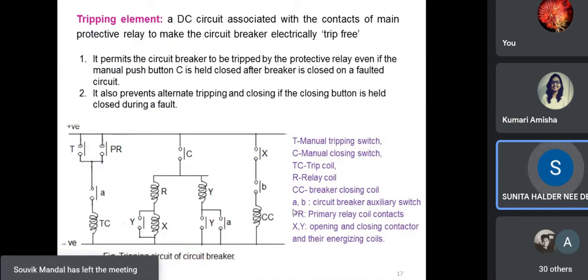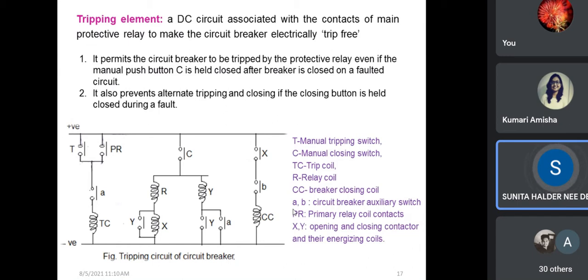Now in a relay, always there is a tripping element. So what is the tripping element? Tripping element is actually a DC circuit associated with the main protective relay, so that it can make the circuit breaker operation very fixed, very definite. It will allow the circuit breaker to be tripped when the protective relay is energized or a manual instruction is given.